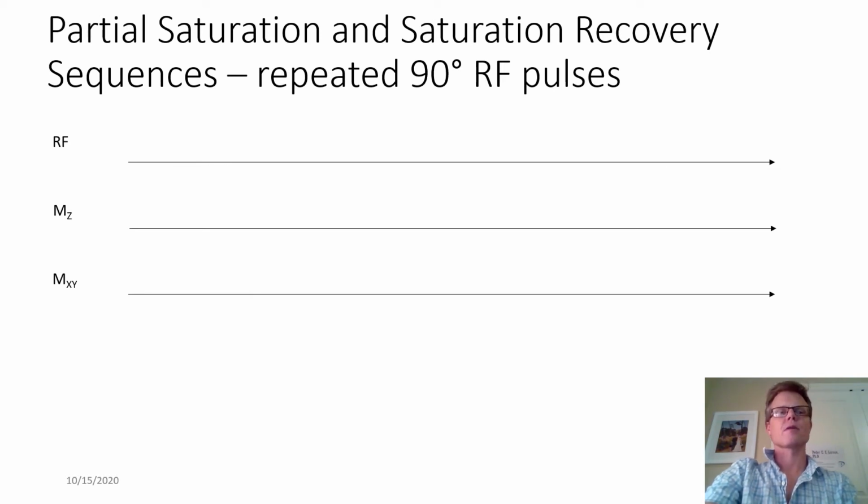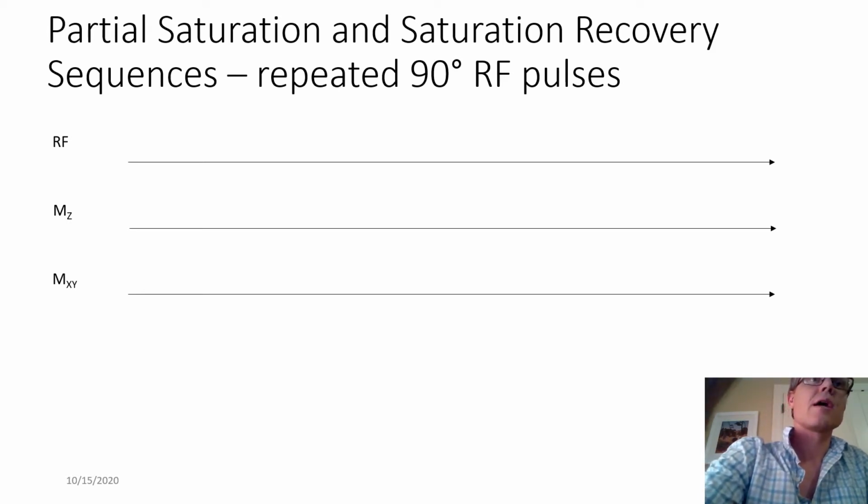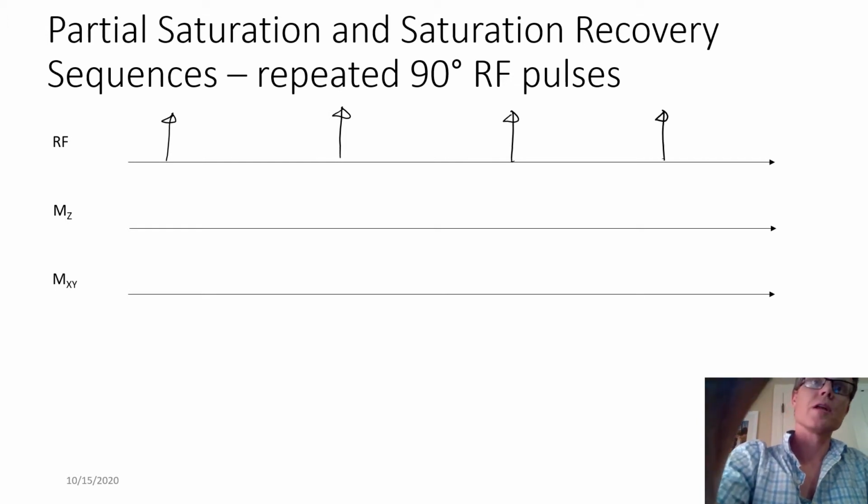So our saturation, partial saturation, and saturation recovery pulse sequences are in fact simply the pulse sequence that you've already seen before, this repeated 90-degree RF pulses. And here I'm using, again, this arrow shorthand notation to signify the effect of an RF pulse.